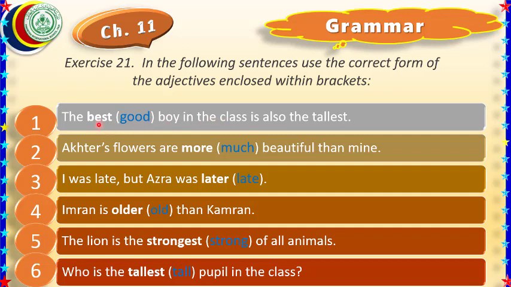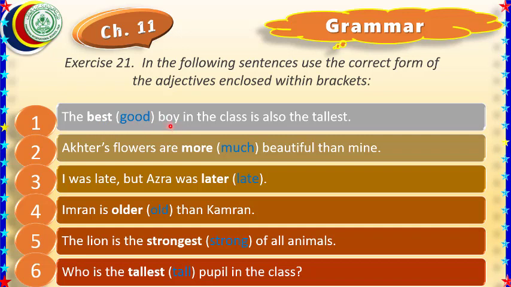Here in this sentence, we are comparing the boy with the whole class. When we compare one thing with more than two things, then we use the superlative degree. The best boy we shall say here. We cannot say the better boy.